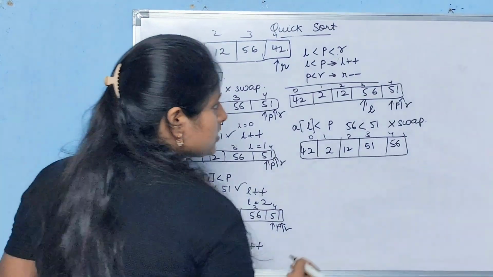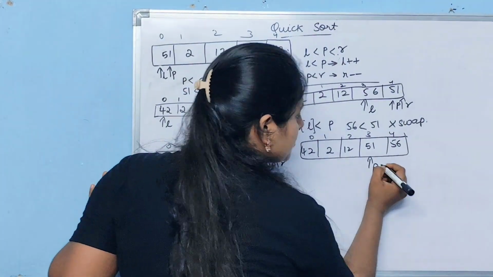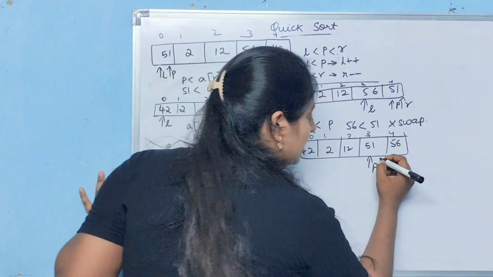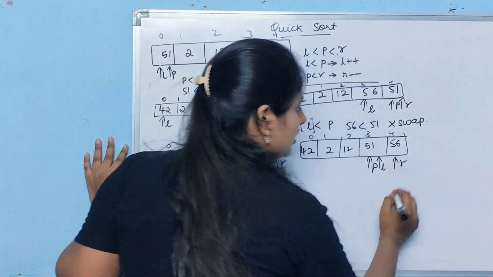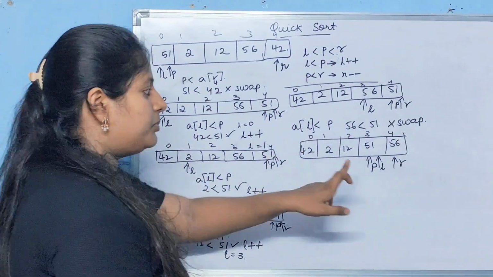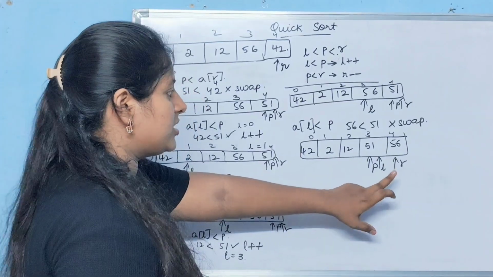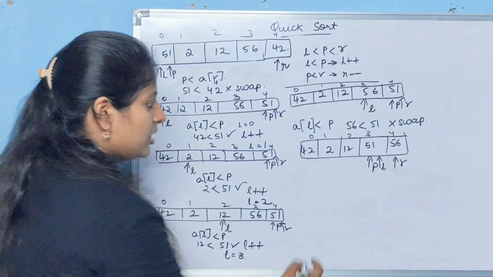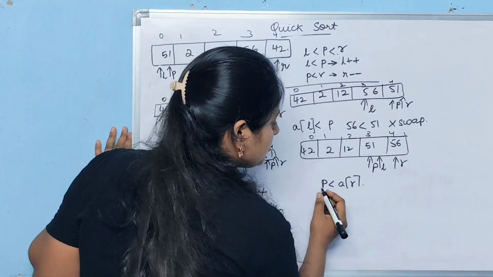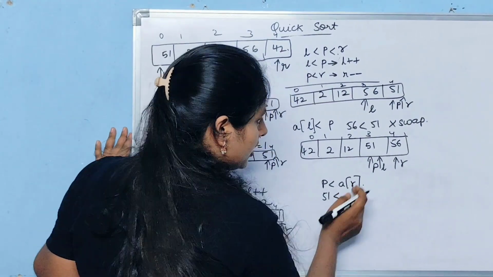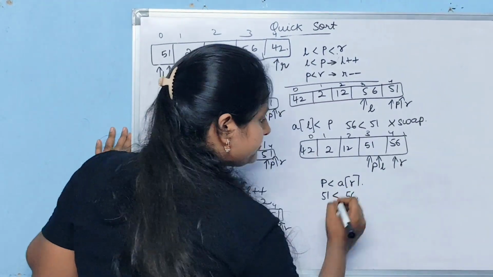Okay. So what is my pivot? This is pivot element. And what is my left? This is left and right here. Right? Now pivot and left are placed on the same element. Now I go to opposite comparison. So pivot should be less than A of right. What is my pivot? Okay. Less than 56. Okay.